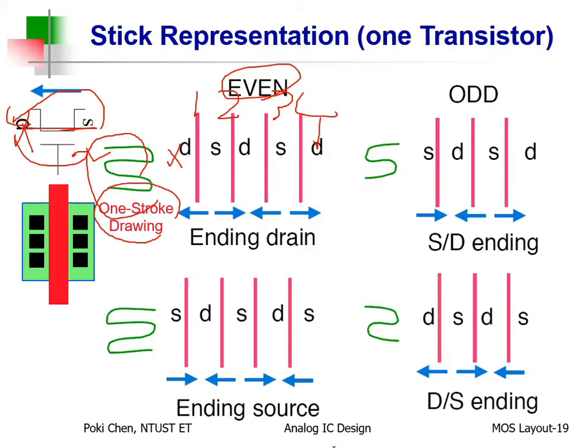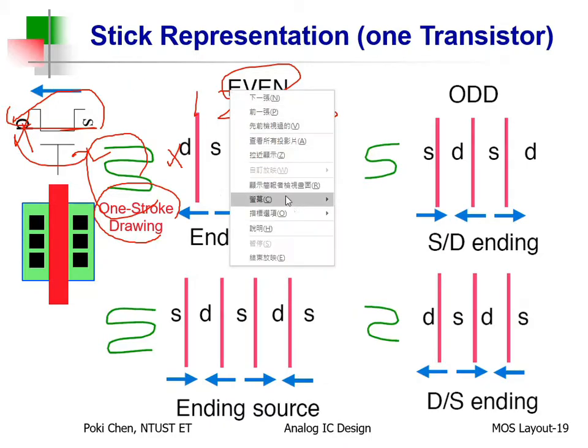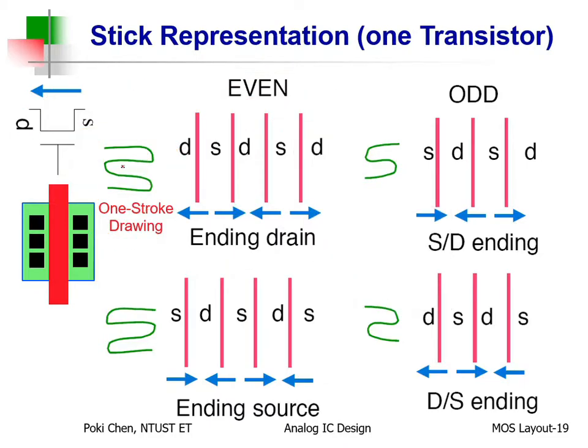So you just use your finger from drain. Allow me to show you this. Let's go. 1 and 2 and 3 and 4. Congratulations. With 4 segments, you go back to the same node. Got it?